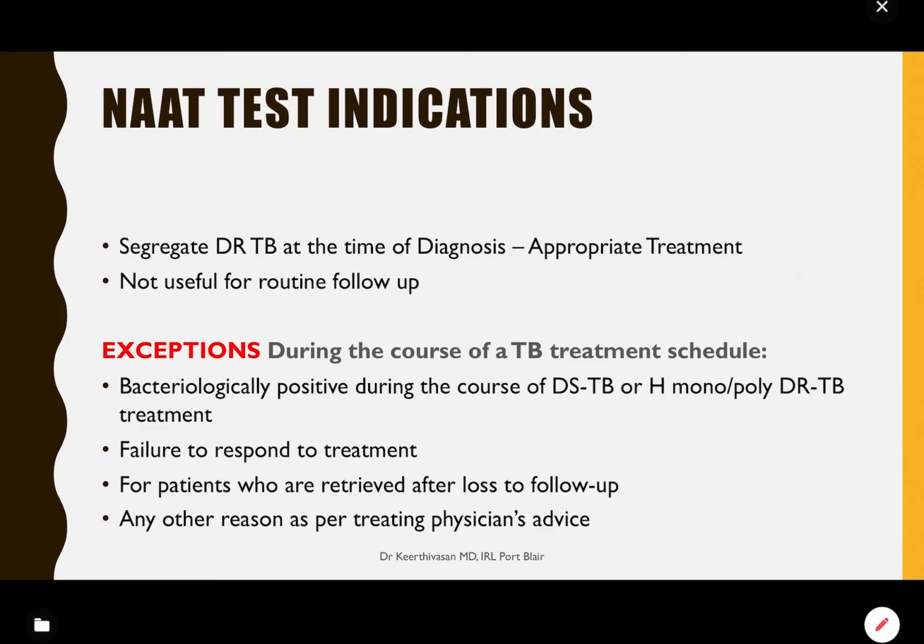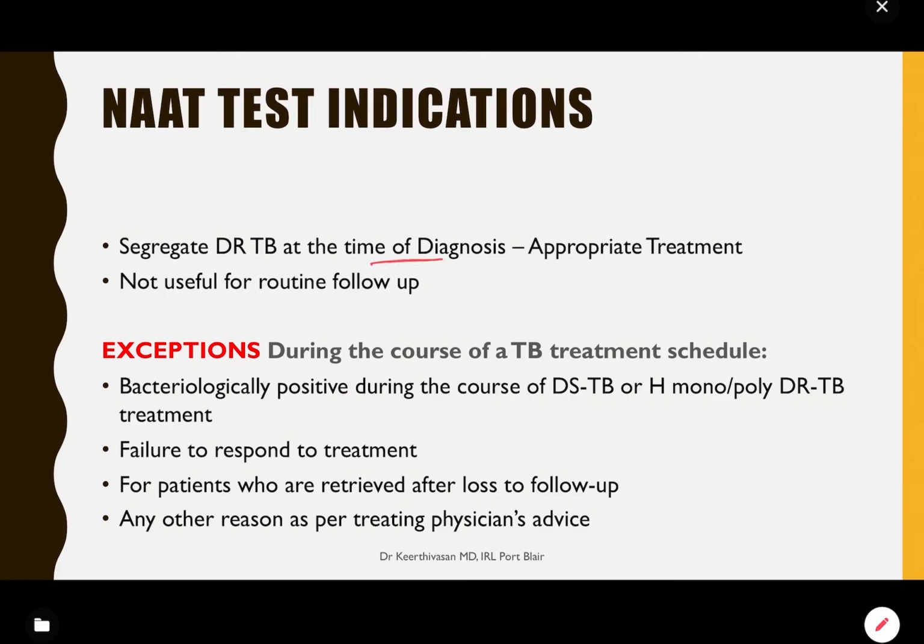If they get isoniazid resistant, then that patient is put on H mono poly DRTB regimen. That means he is sensitive to rifampicin, but resistant to isoniazid. For those patients, during the course of treatment, some follow-up smear microscopy is done, and if it comes positive, we want to ascertain whether the current status of rifampicin resistance has changed or not.